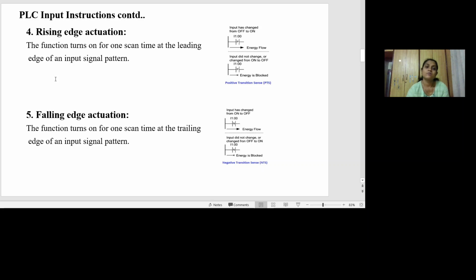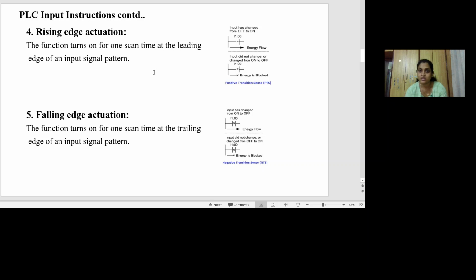So the first thing here is the rising edge actuation. The function turns on for one scan time at the leading edge of an input signal pattern. That is, whenever an input signal changes from off to the on state, there we see the rising edge.